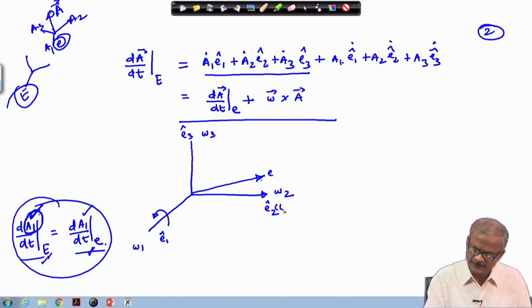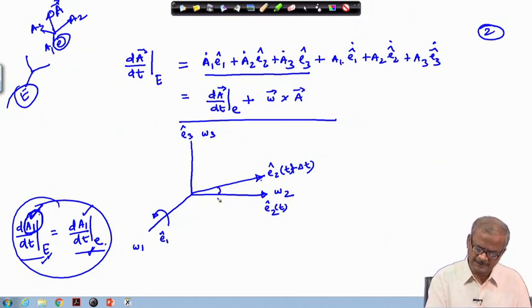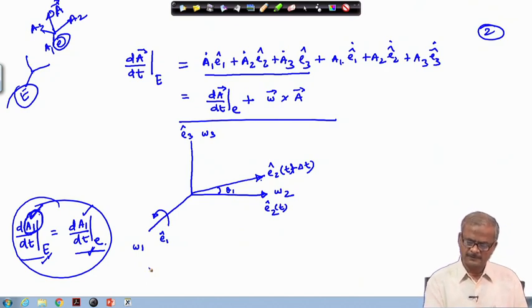So, this is E2 at t, and this will be E2 at t plus delta t. After time delta t, this is the situation, and let us say that this changes by delta theta 1.